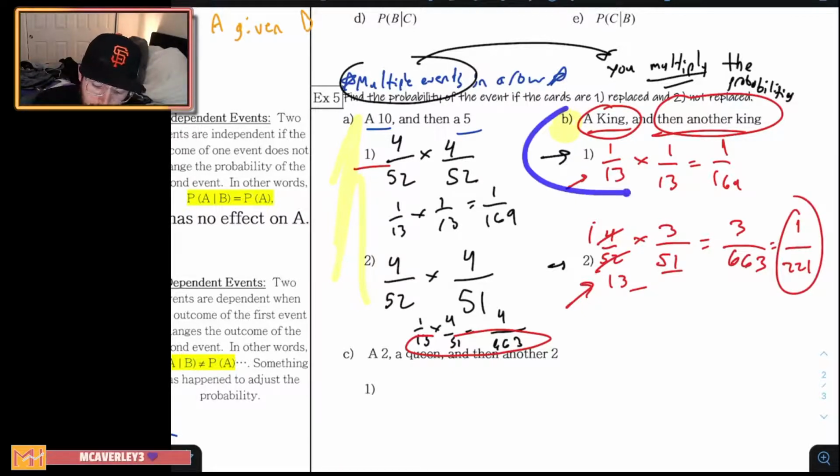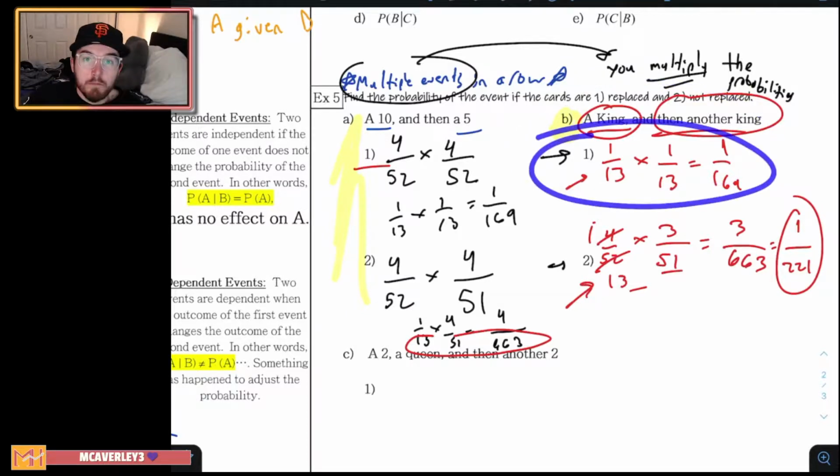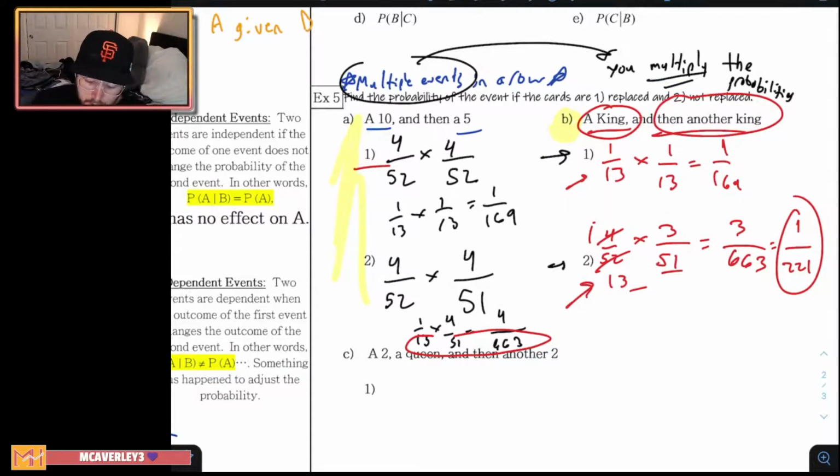So now the first one is more likely, because when you remove a king, that's just no bueno. That is just no bueno when you remove one of the options, right? Now there's only 3. So this probability is way more unlikely, right? Which is why, if you've ever played blackjack, just like with friends, playing 21 and you're not really gambling, the chances of being dealt two of the same card are very unlikely.